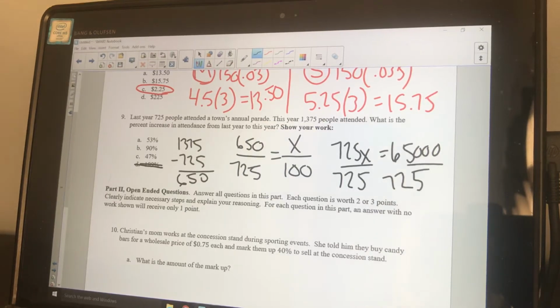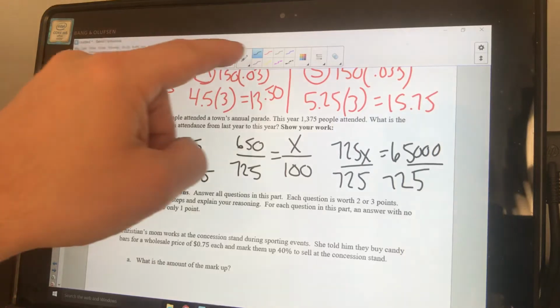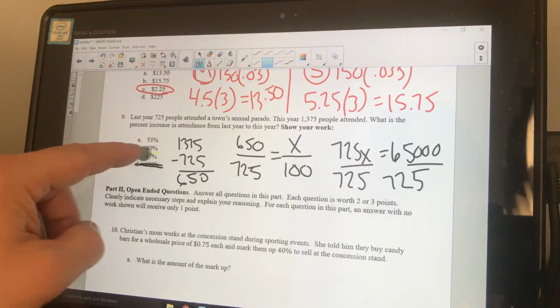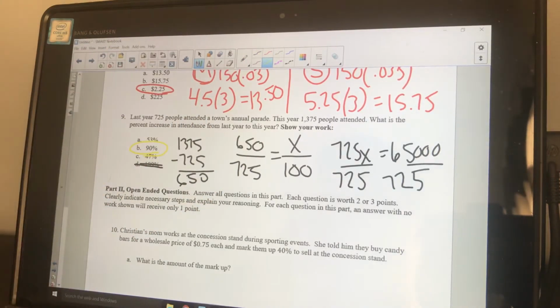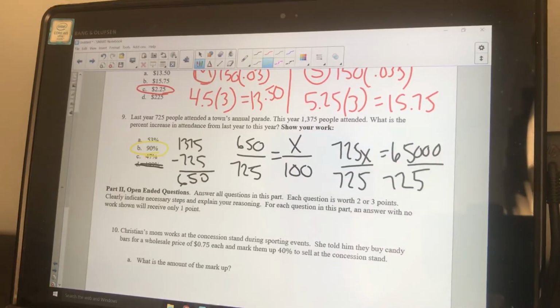And that's 89.655. Okay, so that's got to be 90% then. So it's a 90% increase. Okay, 89.65%, very close to where we needed to be. Okay, all right, so that's the multiple choice. Make sure you've shown the work for those. Okay, that's again worth 1 point out of the 2.